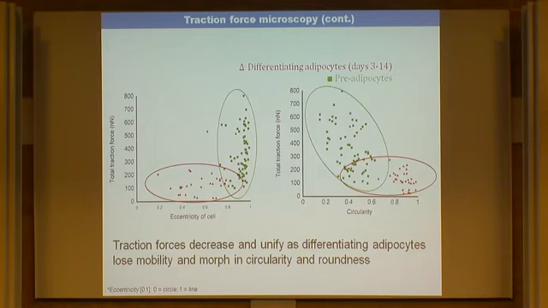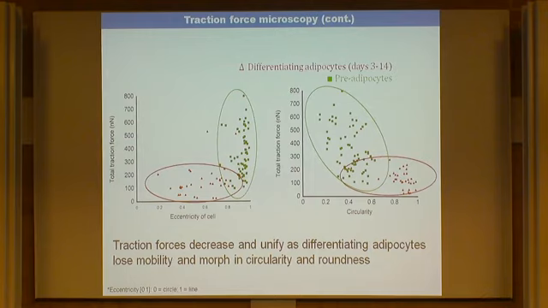We also look at how the shape, the morphology of the cell, which evolves obviously as the cells differentiate, is related to the total traction forces. And you can see that for very eccentric cells, which are clearly the pre-adipocytes, which are elongated, and so their eccentricity is close to 1, the traction forces are very scattered, so there's a very wide range.